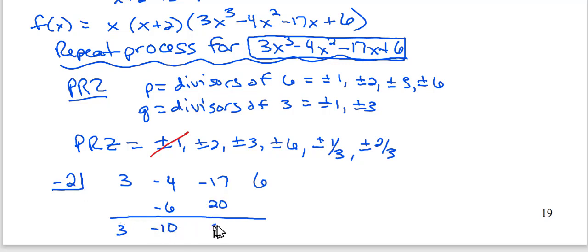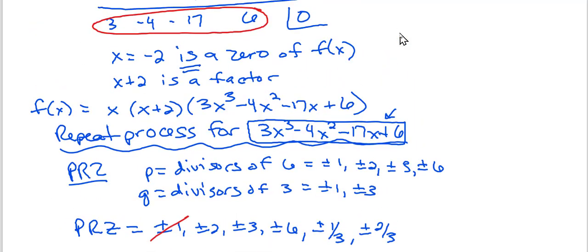Multiplying here, we get 20, which gives me 3. Multiply there, we get -6, and that's 0. So it did work a second time. That tells me that x equals -2 is a 0 again. x plus 2 will be a factor of this guy, which means it's a factor again of the original function.